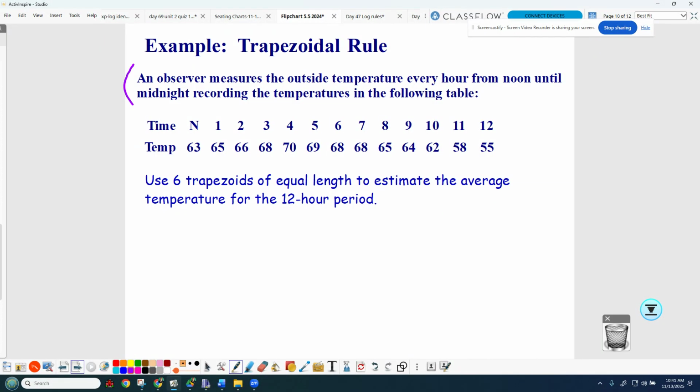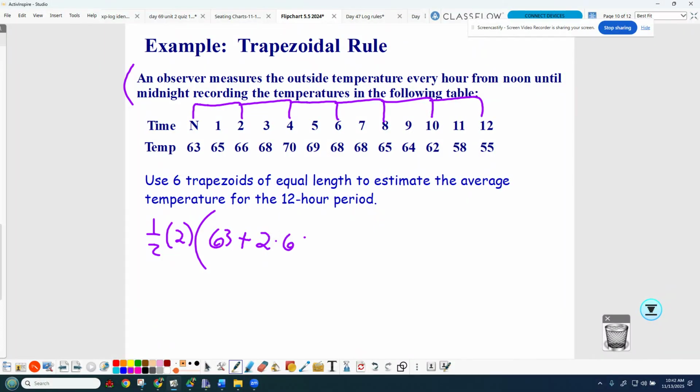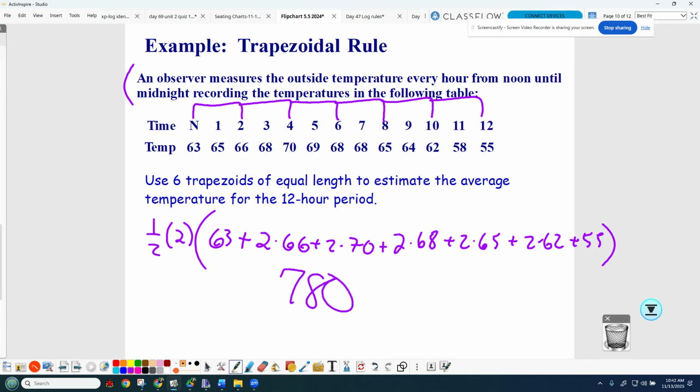What's our dx? 2. So we get 780? I don't know about you, but if the average temperature was 780, aren't we all boiling?